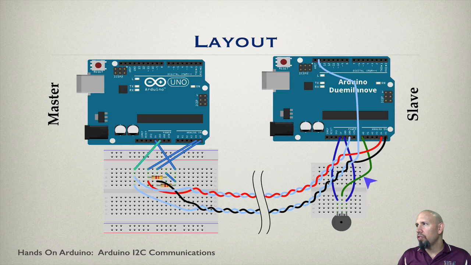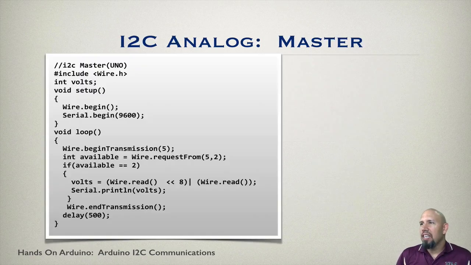Analog channel 0 is what is going to read our analog voltage. Otherwise, we have the same data and clock as we had before. So just a minor modification allows us to have this new configuration. That's the layout. That's the physical plant.